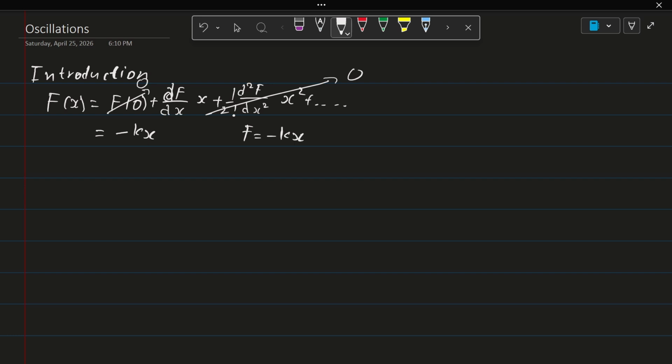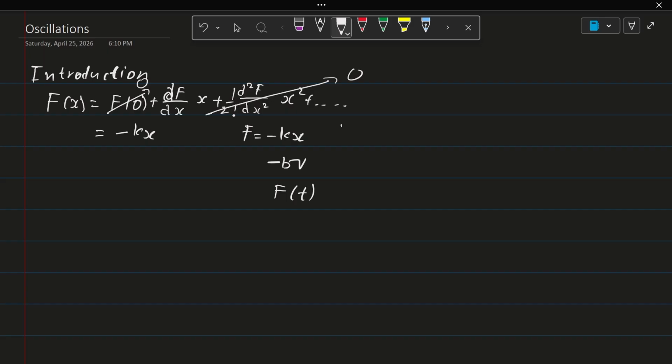And also, you could later introduce some damping, in which the damping will be introduced as negative bv. And alongside that, you could also add an external force which depends on time, which we'll denote as F as a function of time.